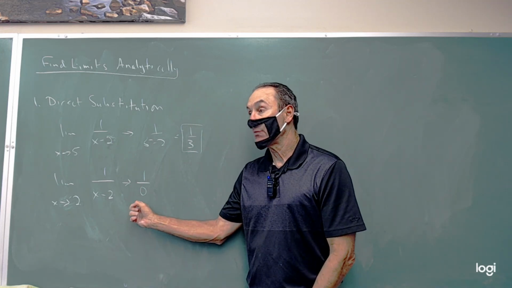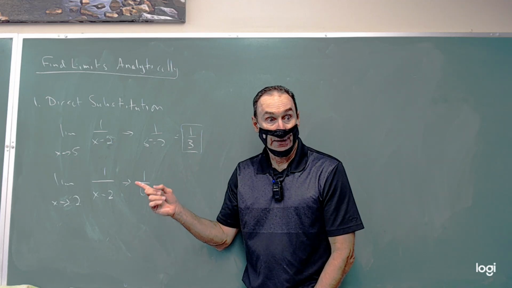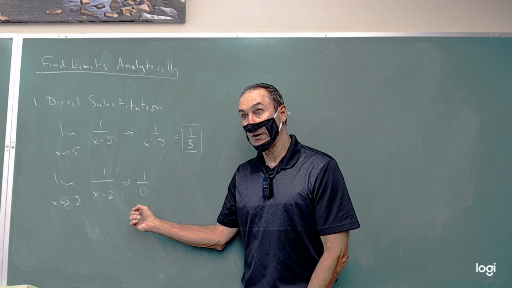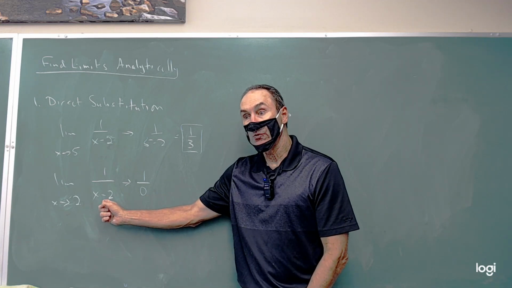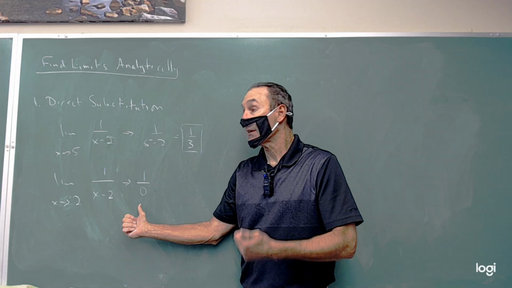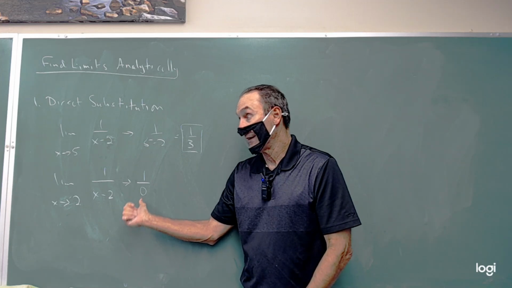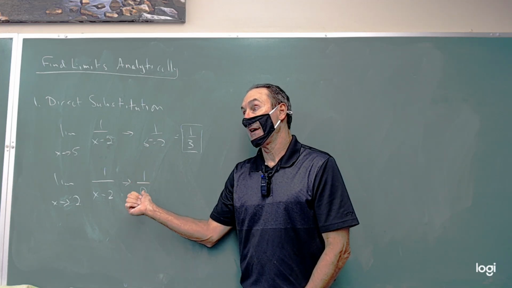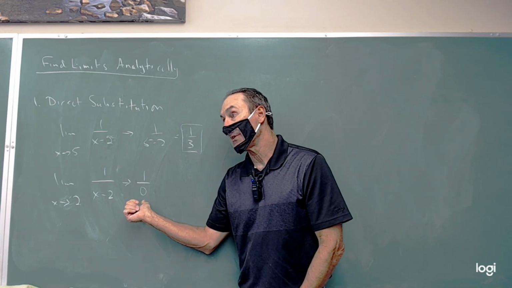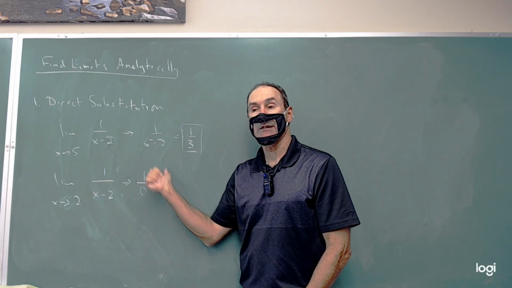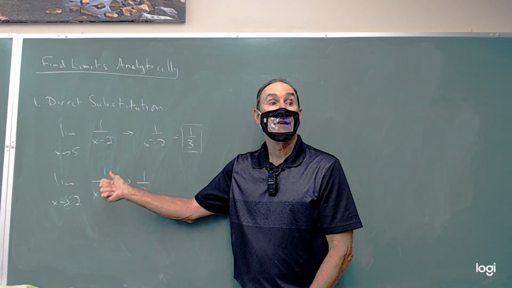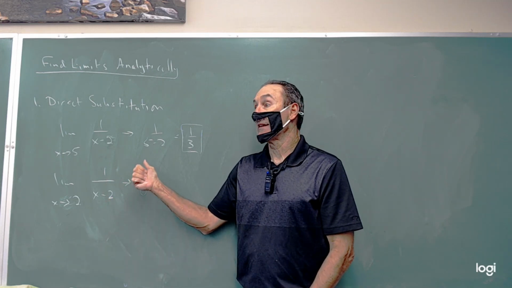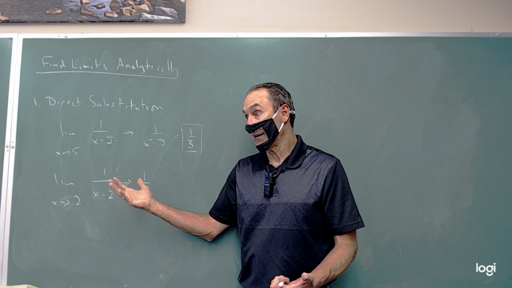But that's okay, we just have to interpret. Remember, we don't care what happens at the point, but as x gets really close to 2, x minus 2 is getting close to 0. So you're getting 1 divided by a very, very small number, which means this is doing what? It's getting really big. Okay, so it's going to infinity.